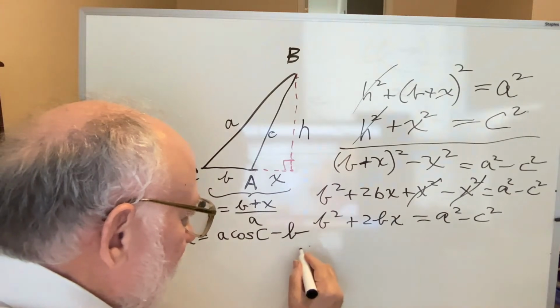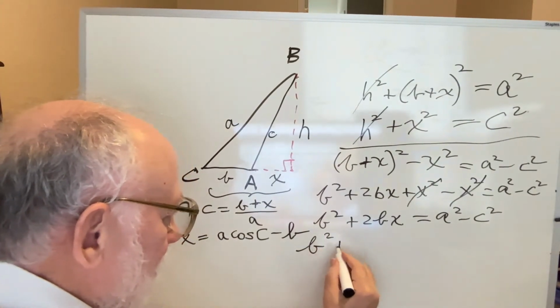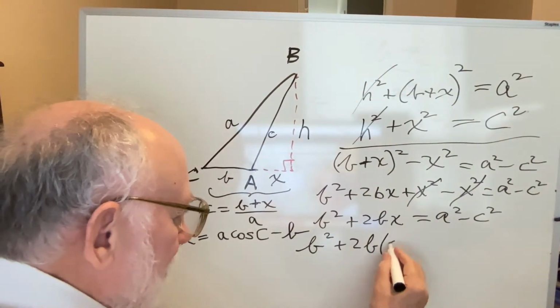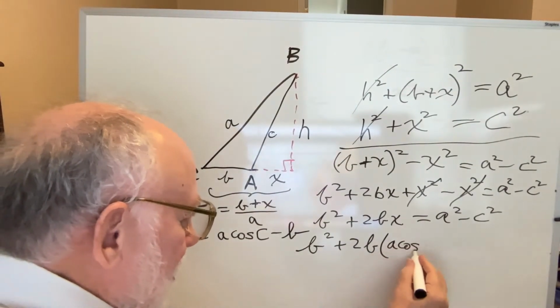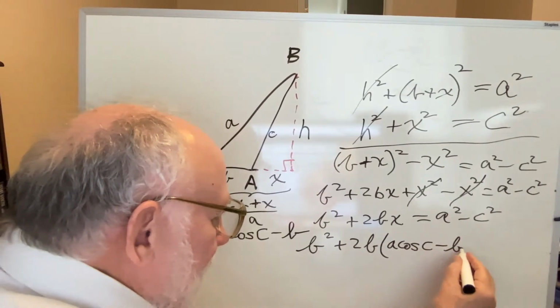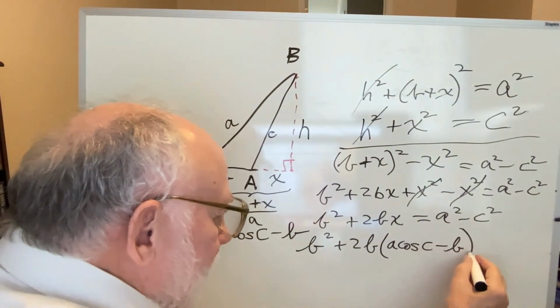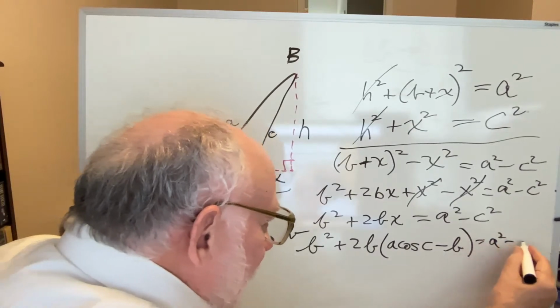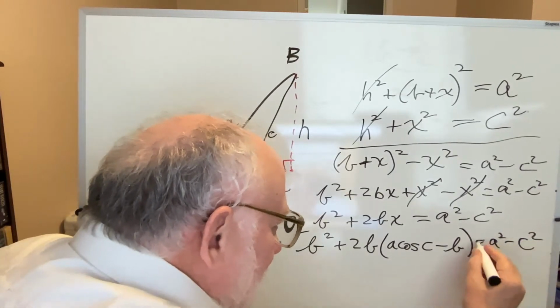So you have b squared plus 2b times (a cosine c minus b) equals a squared minus c squared.